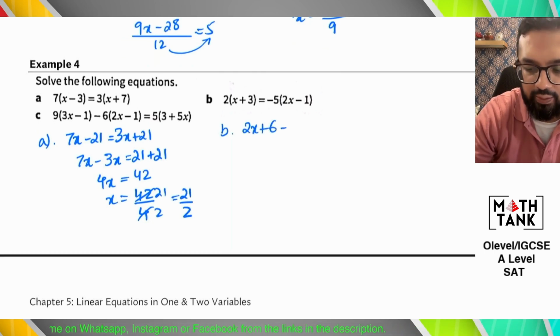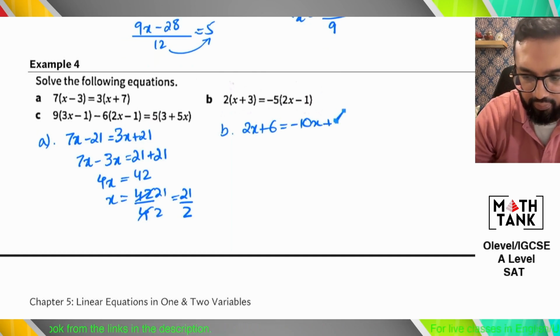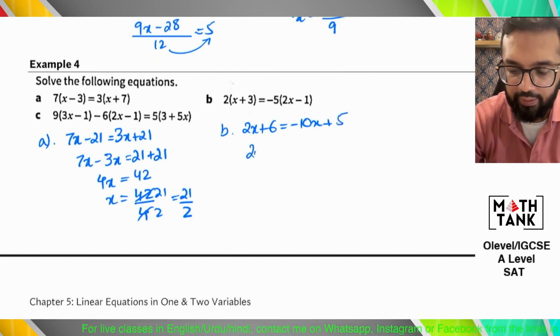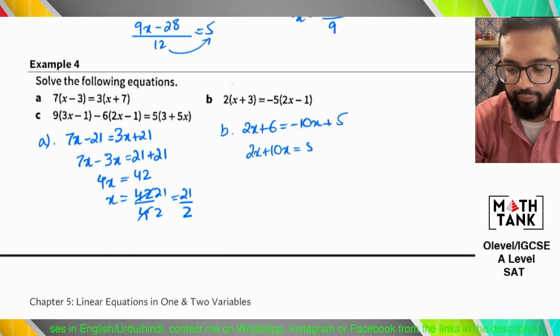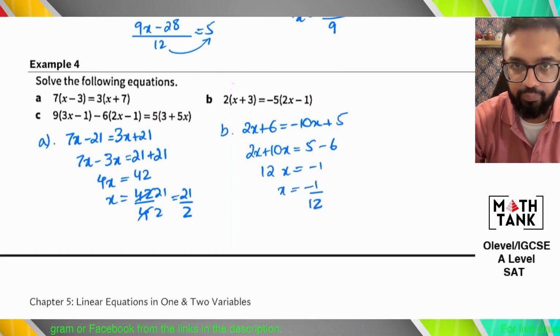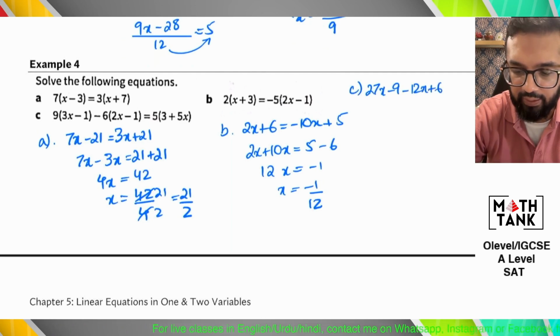2x plus 6 minus 10x plus 5. So 2x plus 10x equals 5 minus 6. That's 12x equals minus 1 and x equals minus 1 over 12. Part C. 27x minus 9 minus 12x plus 6.